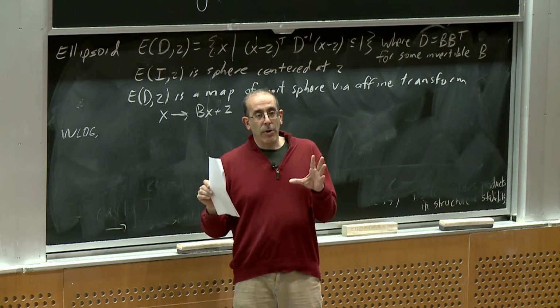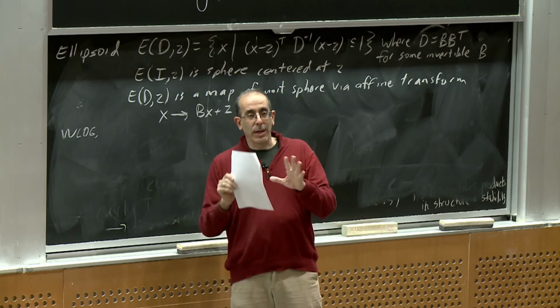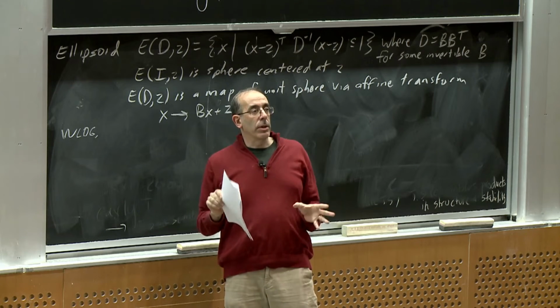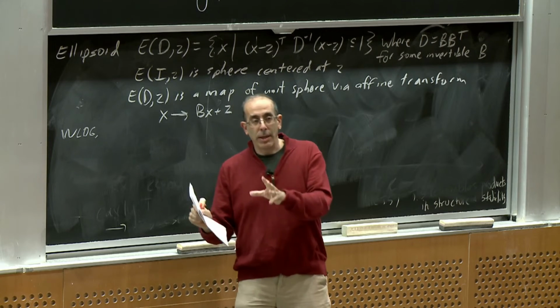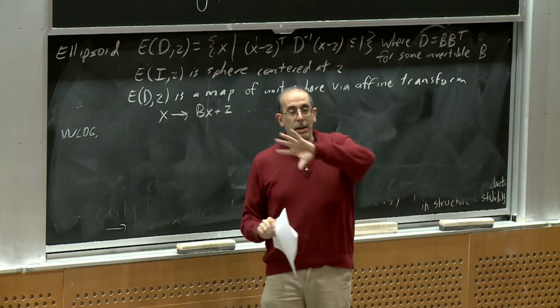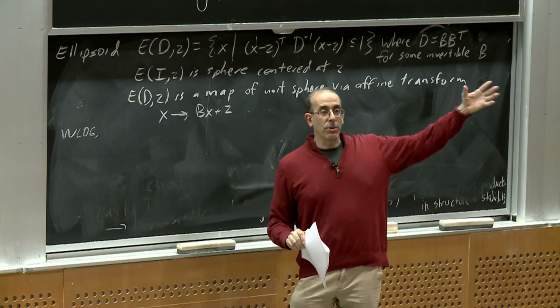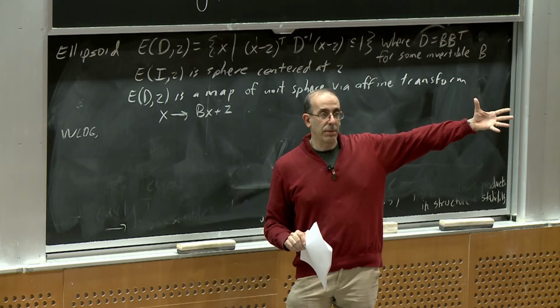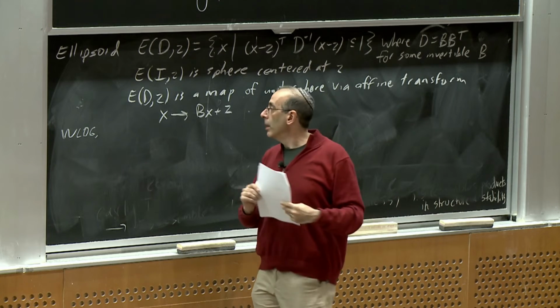Now I can talk about my separating hyperplane there. I can create my smaller ellipsoid there, and then I can reverse that linear transformation to get back to the original coordinate system, and my new ellipsoid will be transformed into a new ellipsoid in the original coordinate system. Okay?